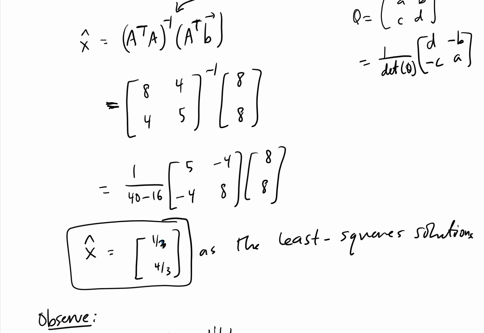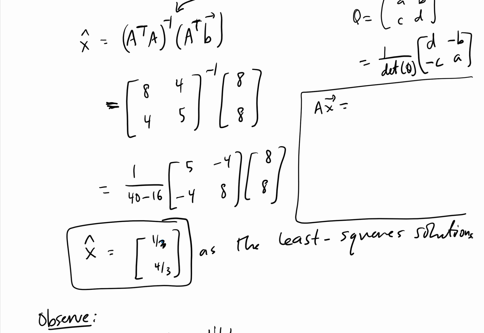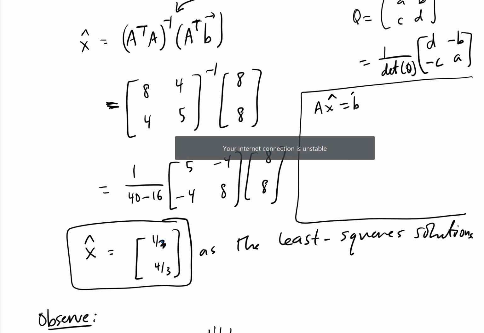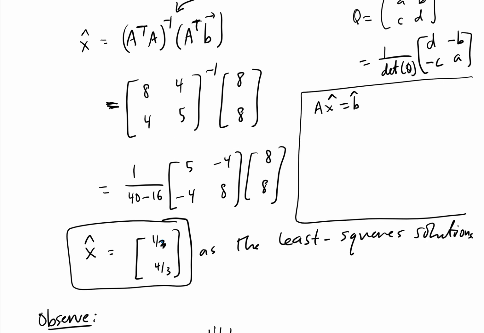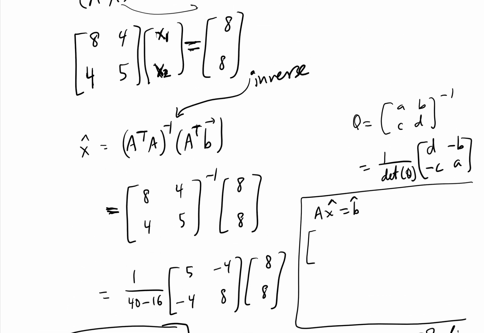So let me show you more information about this. Remember how originally the question was to solve Ax = b, but then we did an estimation to get A x hat = b hat. So we found x hat. So let's take A. What was A?